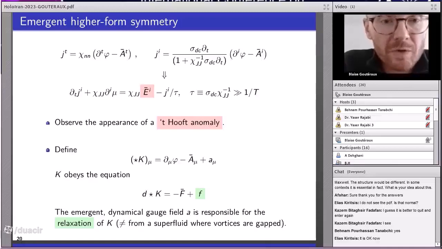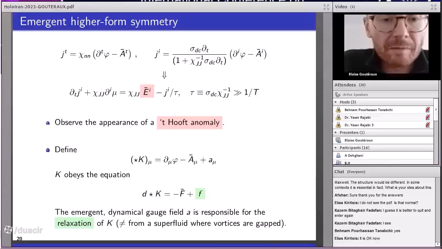Again, you can define a star k, which is d phi minus a bar mu plus little a, and find out that this higher form current obeys an anomalous equation with a mixed 't Hooft anomaly f bar with the global U1 symmetry, and a relaxation term little f, which is coming from the dynamical gauge field, and this is what produces for us the long-lived excitation.